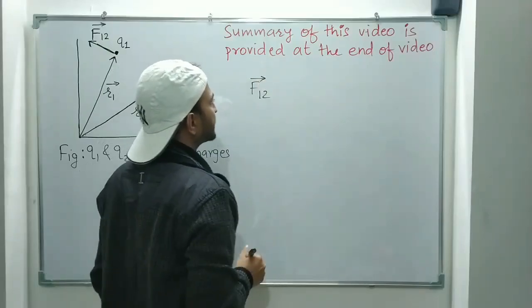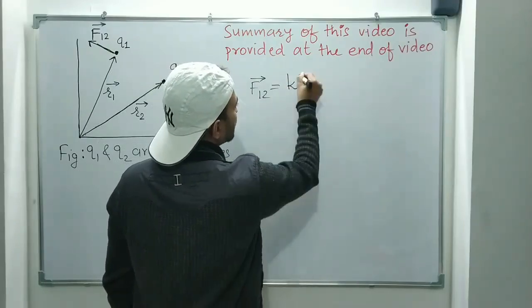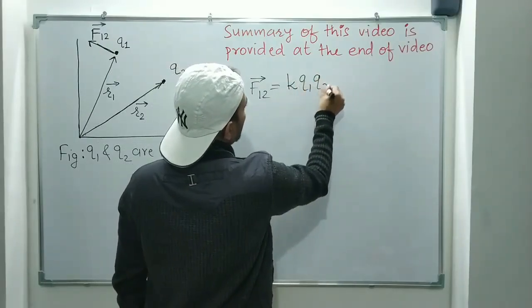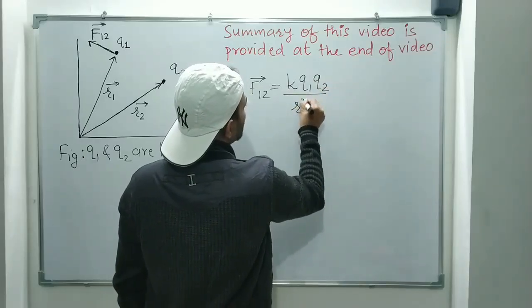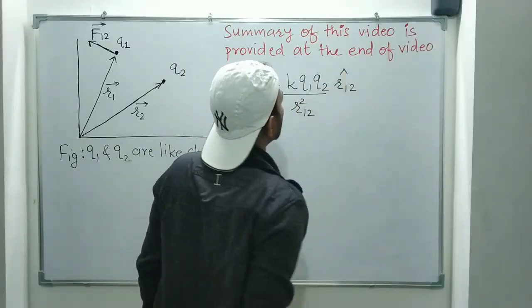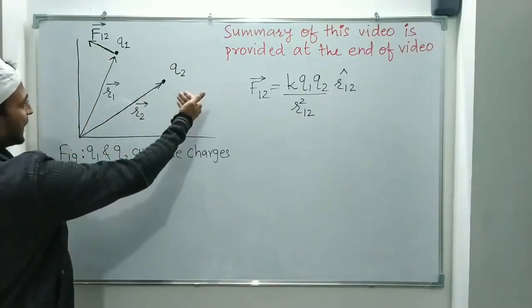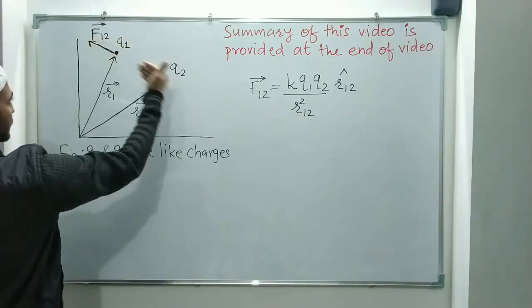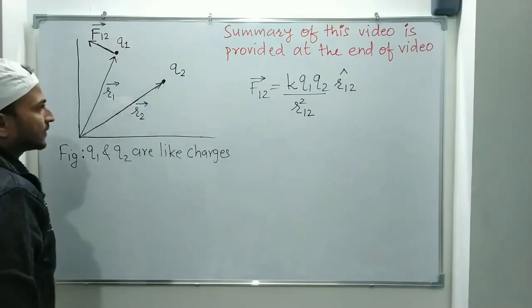Now, F12, the force in vector form, is equal to small k, Coulomb's constant, Q1 Q2 upon R12 square, R12 caret. This is the unit vector in this direction. Which direction? Q2 to Q1.